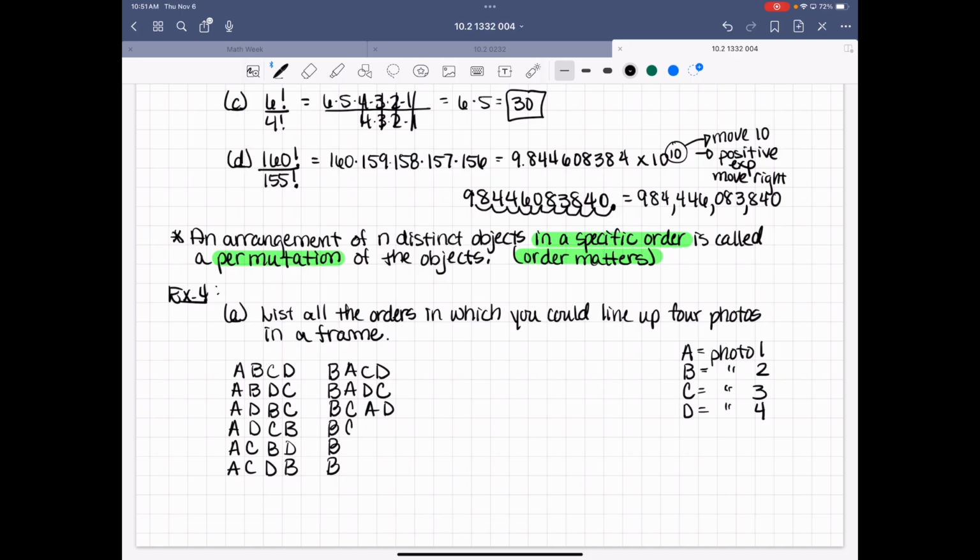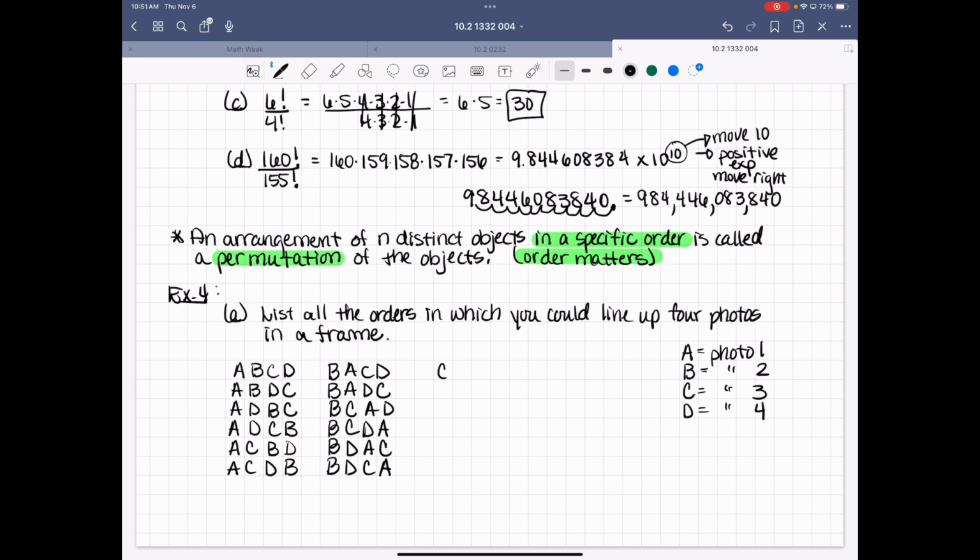I could have BCDA. I could have BDAC. I could have BDCA. I kind of did it a little different this time. I did all my B's, then the 2 A's, 2 C's, 2 D's. And I then switch the other, okay?